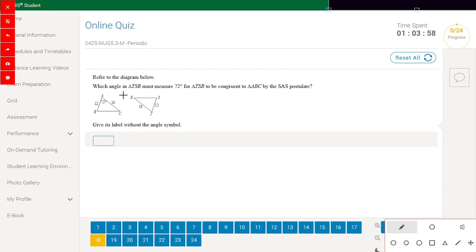Refer to the diagram below. Which angle in triangle TSR must measure 72 for triangle TSR to be congruent with triangle ABC by the side angle side postulate? Okay, now this side is 12, which is ST, and AB is 12.